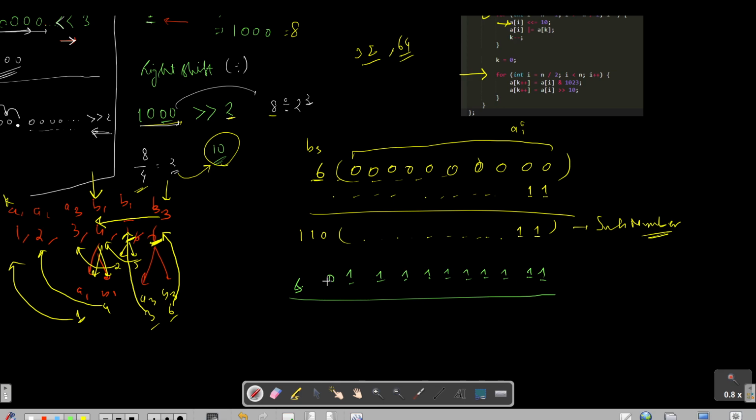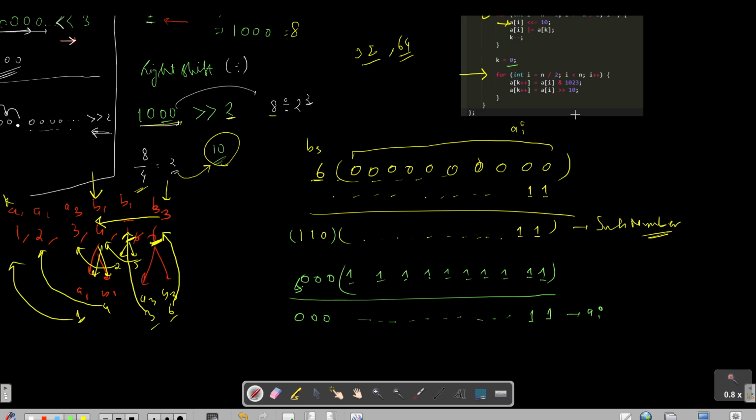For the rest of these 3 bits I'll get 0. So BI would definitely be pointing to 0, and this 10 times 1 would give me the exact AI bits, and everything else would be 0 here, right? So what is this? It is nothing but AI, and that I'm placing at the k index.